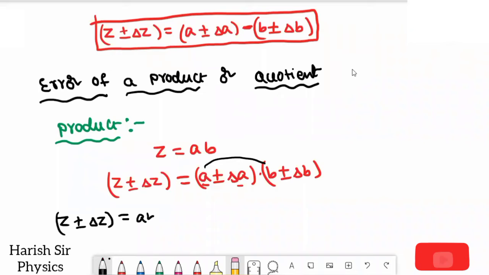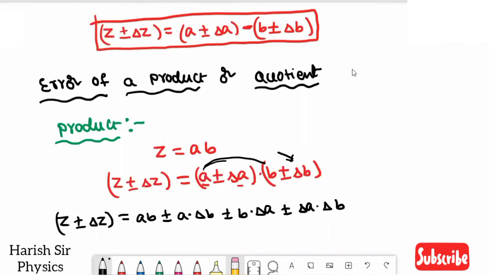If you take the multiplication, A into B plus or minus A into delta B, plus or minus B into delta A, plus or minus delta A into delta B. In the RHS, the term delta A into delta B is the product of two small errors, so it is a very small value.